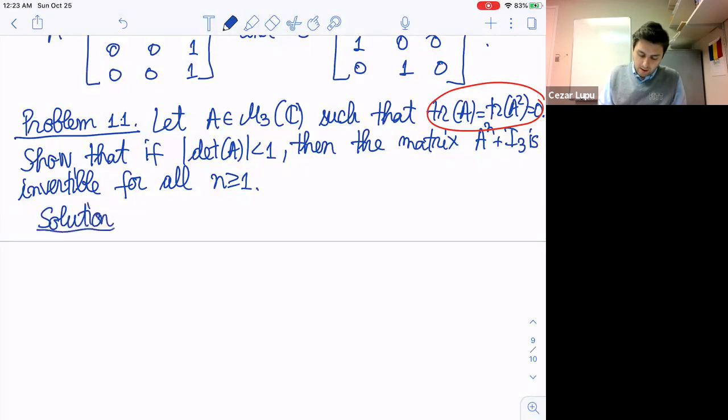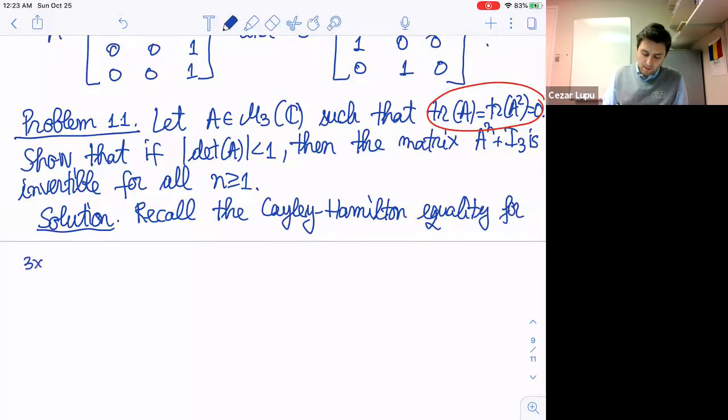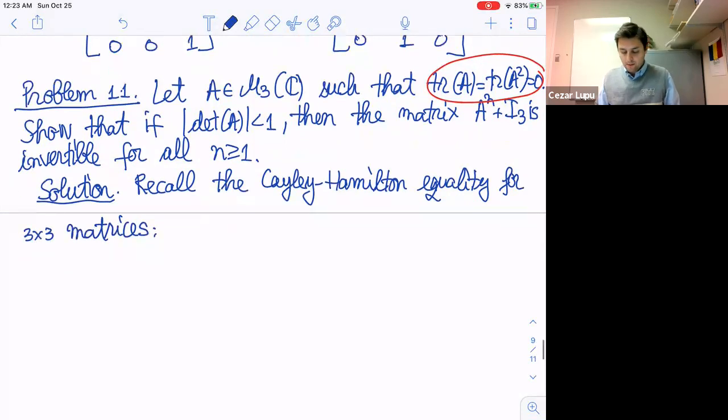So the main ingredients here, let me remind you, recall the Cayley-Hamilton equality for 3x3 matrices, right?